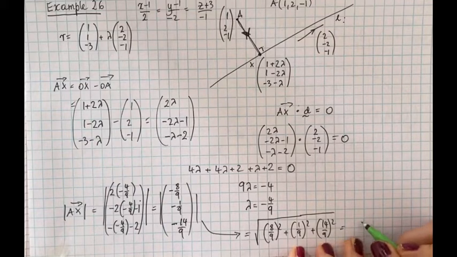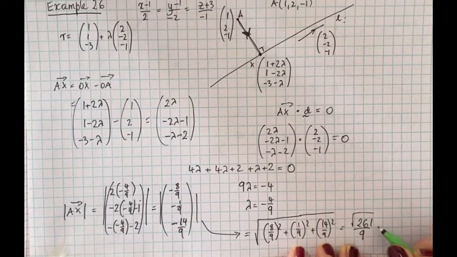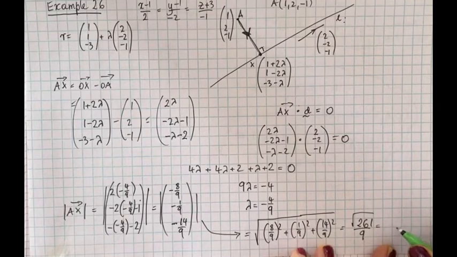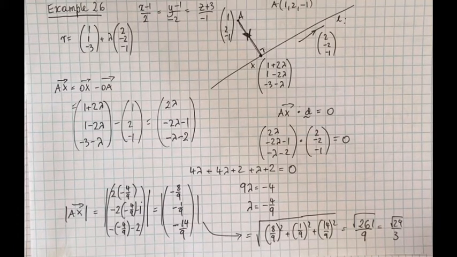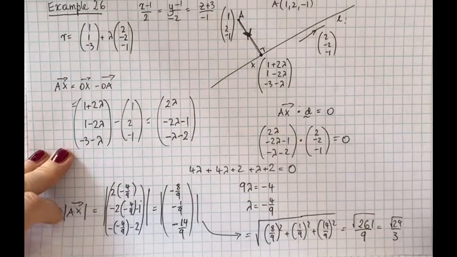So it's 261. Put it in the calculator and you will get root 29/3. Change it to a decimal if you wish. Probably a good idea to do that. Okay, so this is example 26.